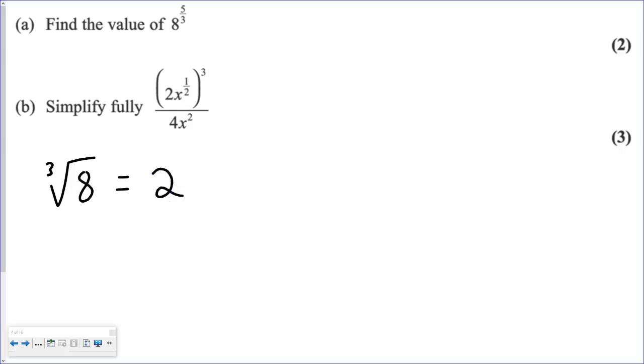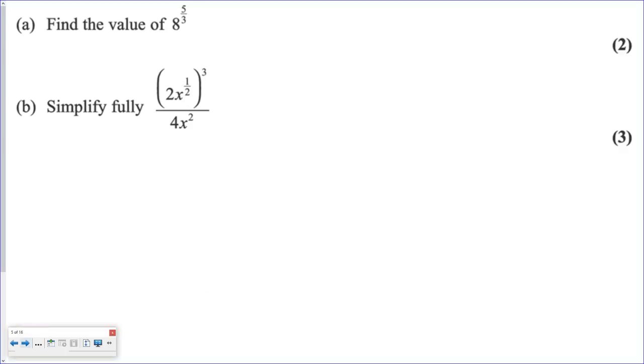That number is just 2. And then the number on the top of your fraction tells us what power you have to raise that to. So we have to raise 2 to the power of 5. So that's 2 times 2 times 2 times 2 times 2, which is just 32.